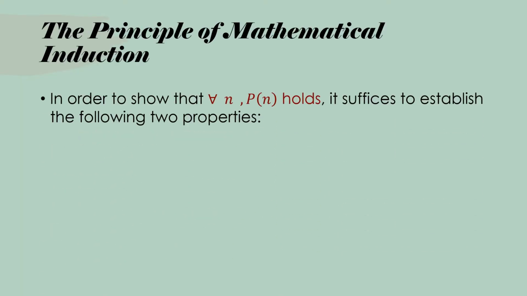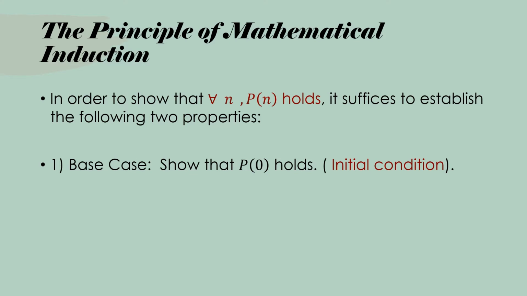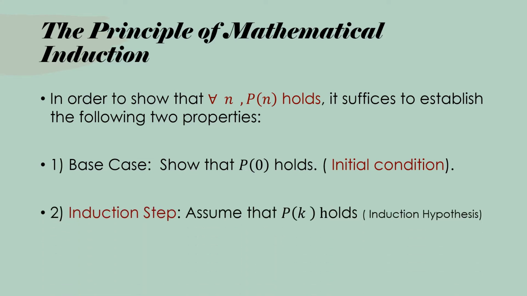So we need different steps: we take the statement P(n), prove the base case, and also we need the induction step using the induction hypothesis, where we assume P(k) is true, and then using P(k) we prove P(k plus 1). This is what mathematical induction is.